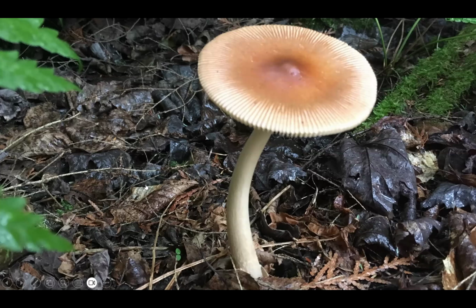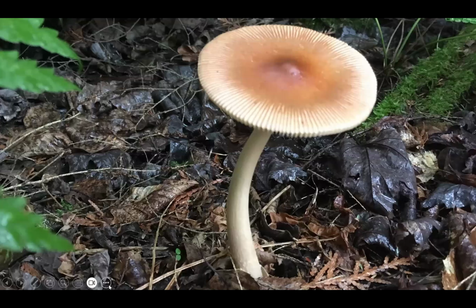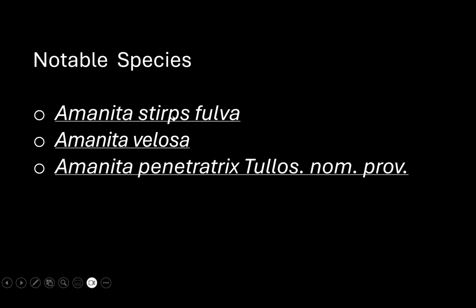It's known for this orangish brown colored cap. There's some variation to that. I had a couple more examples, but I don't know what's going on with my little slideshow. But that's a pretty typical looking Amanita fulva.